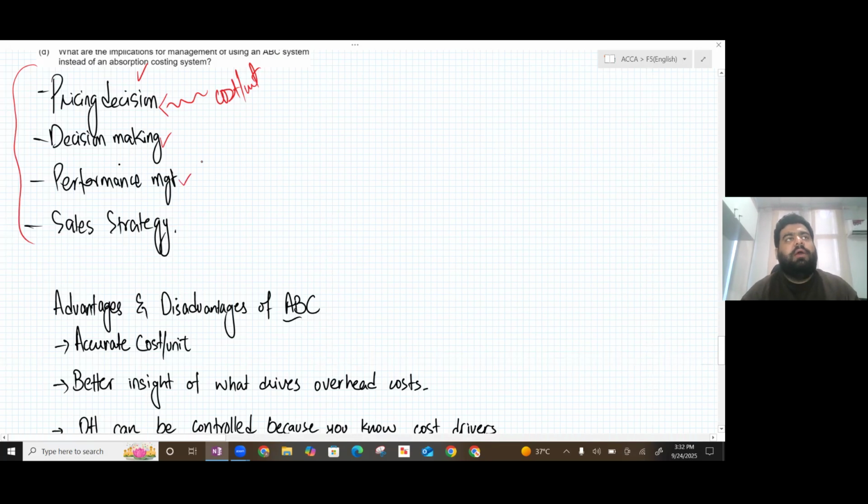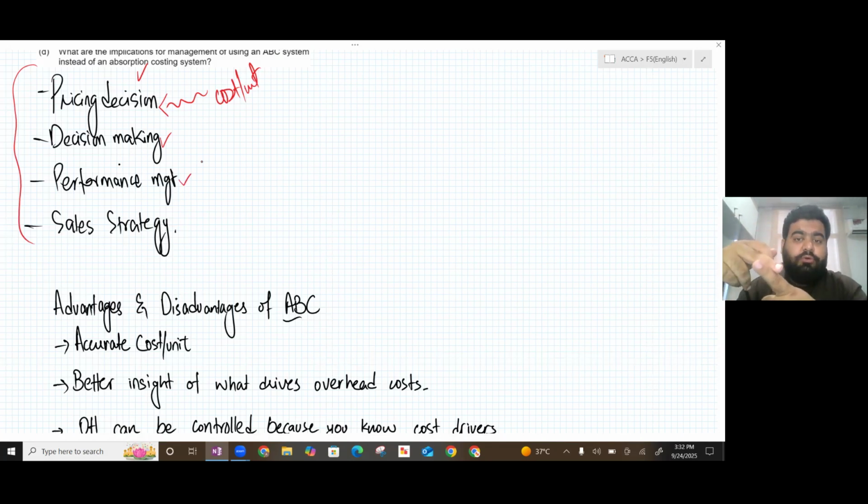Like my manager is using absorption costing, and according to him, the profit was there, like $10 cost per unit plus profit. The total selling price was 12, and he thought he was earning a proper profit. But when actual results came, the loss was there. Now he's thinking, why is the loss there?